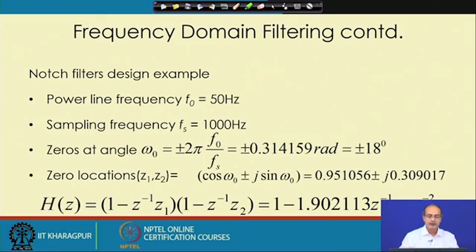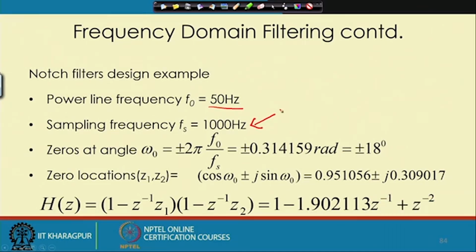So, let us look at an example. In our case, we have a power line frequency of 50 hertz, and our sampling frequency is 1000 hertz here.